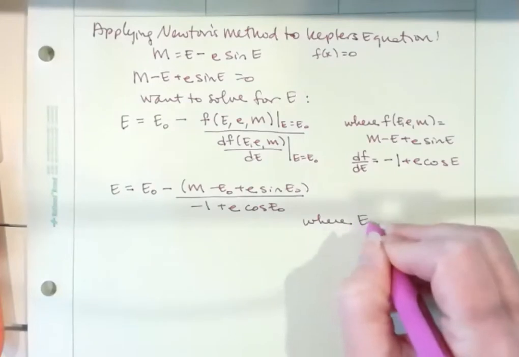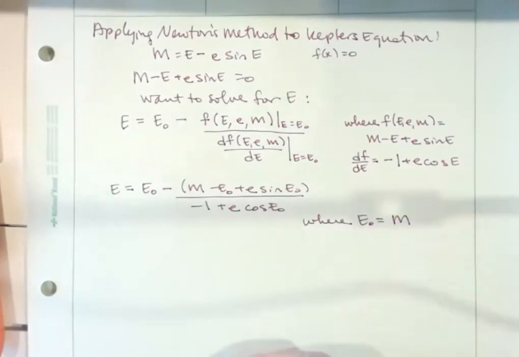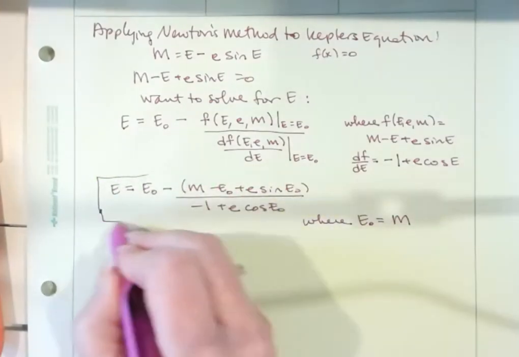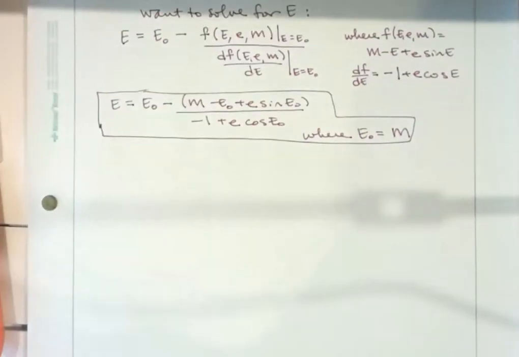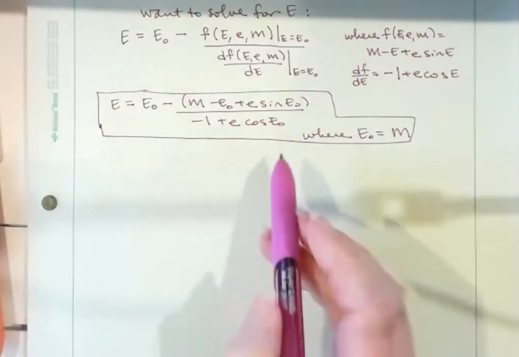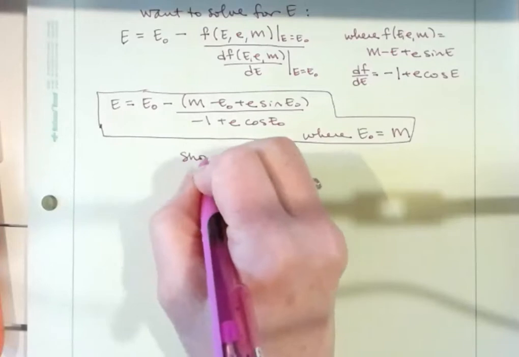And here, for our initial guess, we're going to let E0 equal M. Now, this should take 3 to 4 iterations to converge. If it's not converging in 5 iterations, you've probably done something wrong, because in most cases, it's going to converge in 3 to 4.